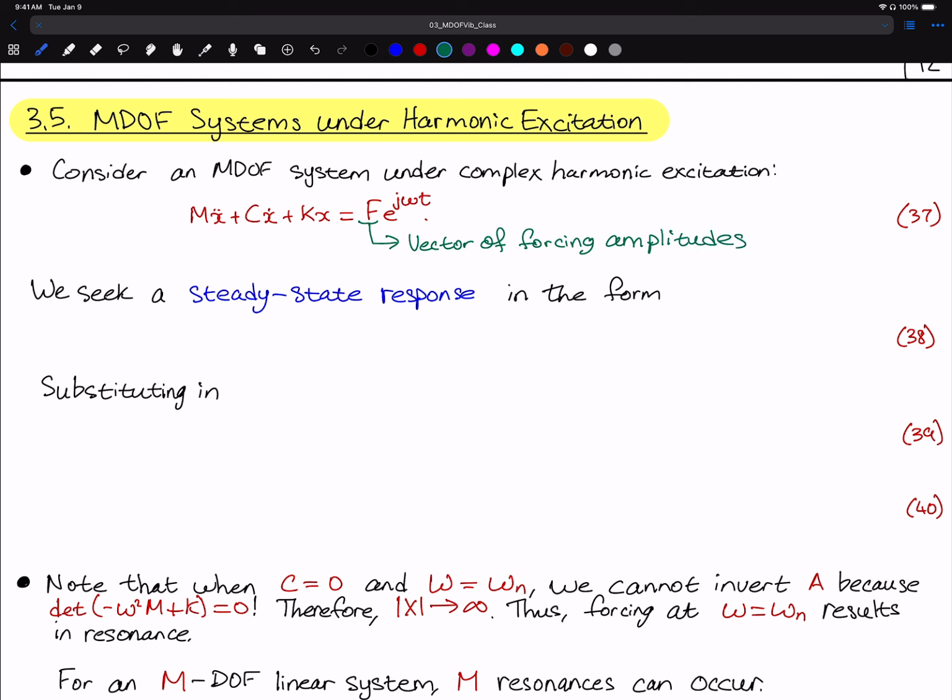Meaning that we could have multiple forces acting across the system. Each mass in the system could have multiple forces acting on it.